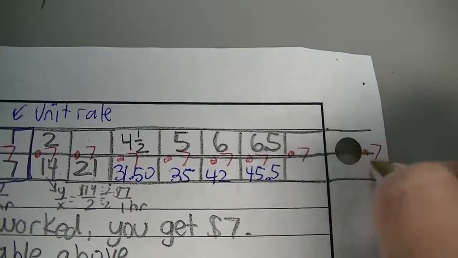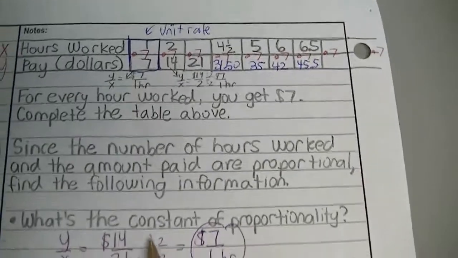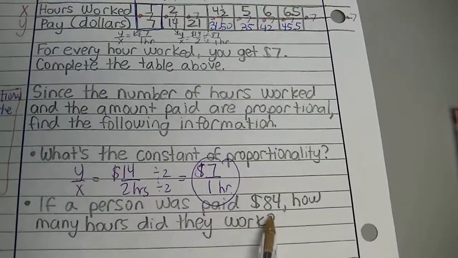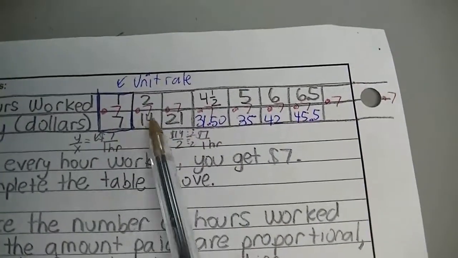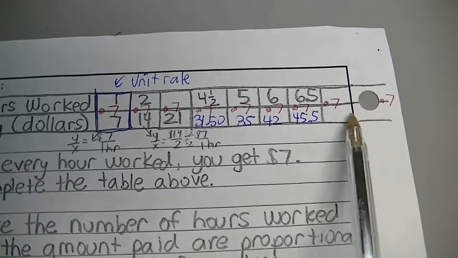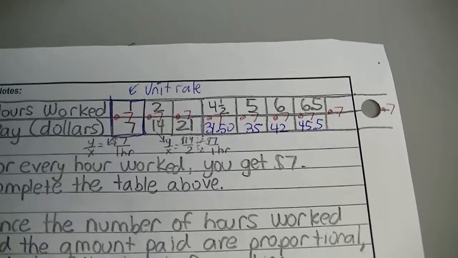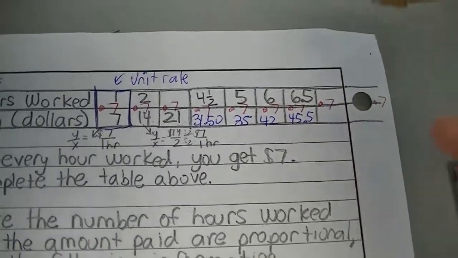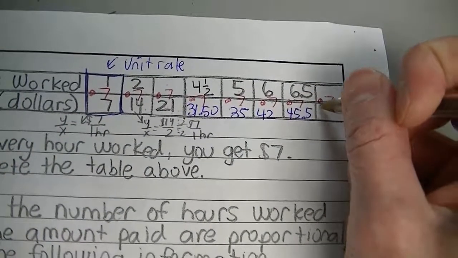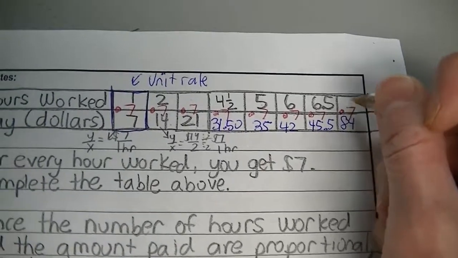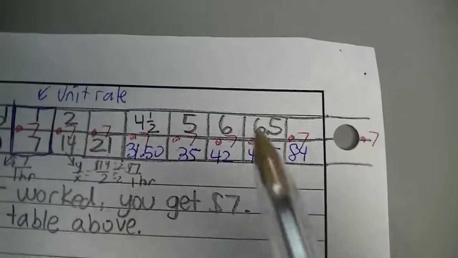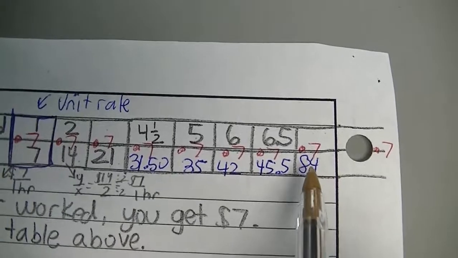And then all this right here is blank. So you'll see that I don't have the value for this. If a person was paid $84, how many hours did they work? I don't see any $84 right there. So since there's blanks right there, that was my hint to you that you're going to put that right there, okay? So I'm going to go ahead and put in $84. So you can figure out the corresponding hours worked.